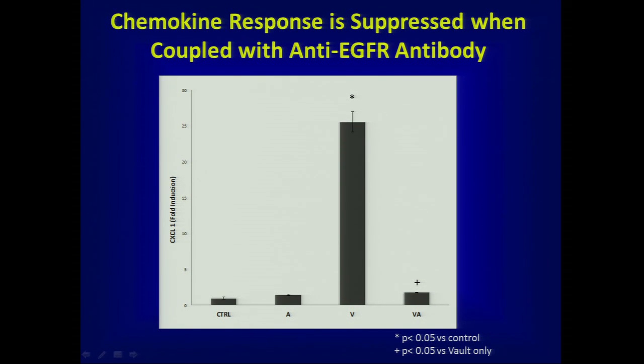When we added the antibody and checked by qPCR for CXCL1, we didn't see much of a response either. But when we add our Vault alone, we see a significant response, about a 25-fold increase in our CXCL1 expression. Interestingly enough, when we add our Vault with our antibody, that huge, robust increase in CXCL1 drops down to almost baseline. That was also significant when compared to Vault alone.